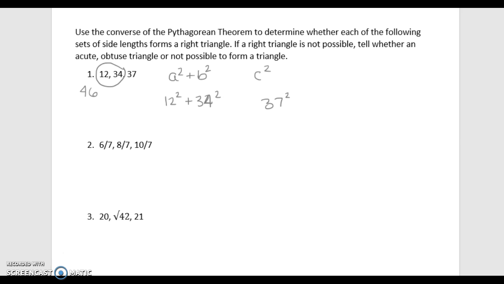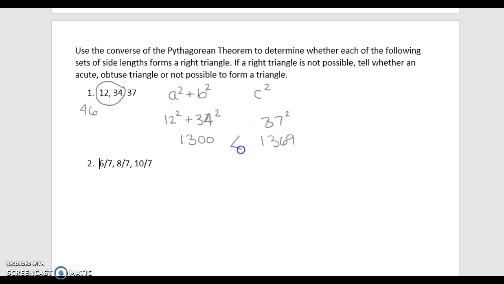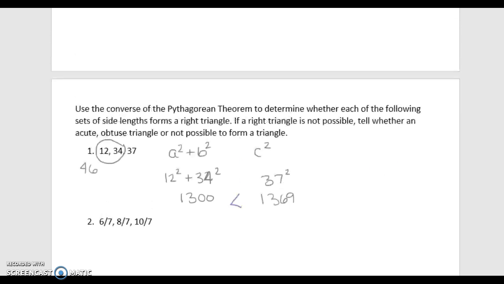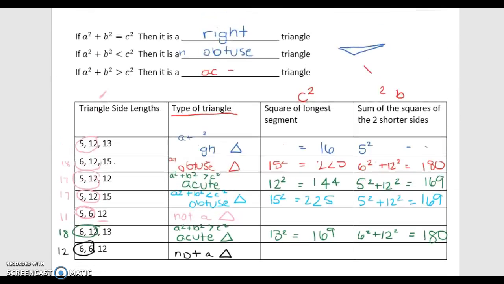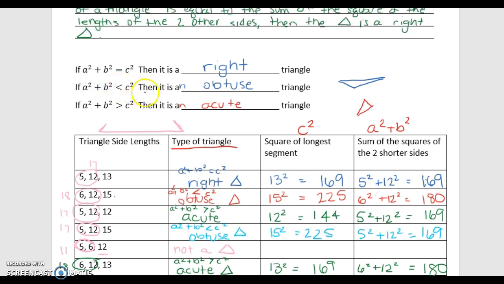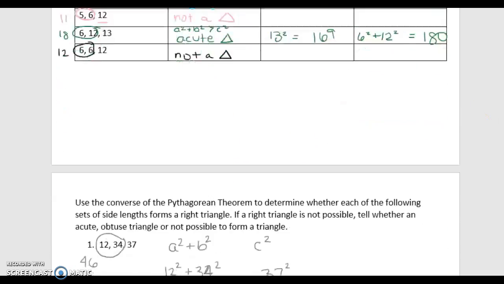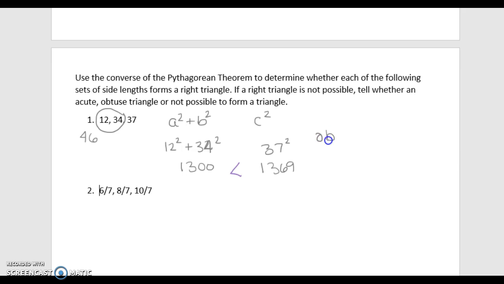Pause the video, figure it out. Turns out that a squared plus b squared is less than c squared. And if you go up to what we learned earlier, a squared plus b squared is less than c squared, which makes it obtuse. This is an obtuse triangle.